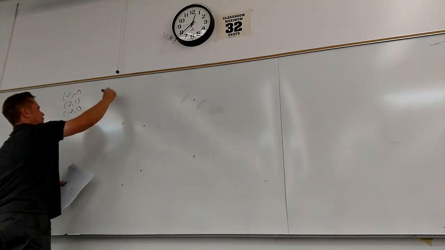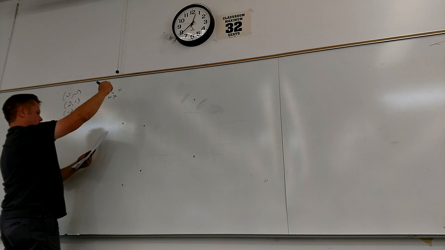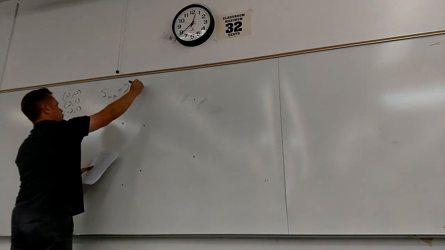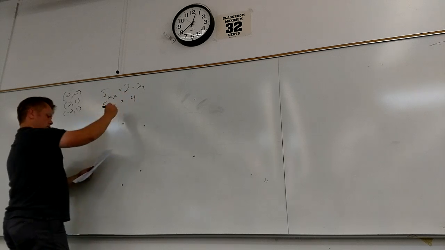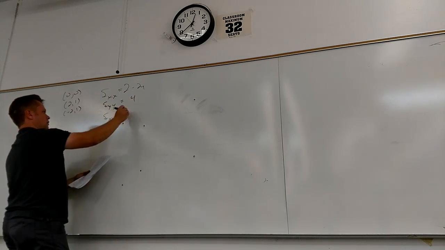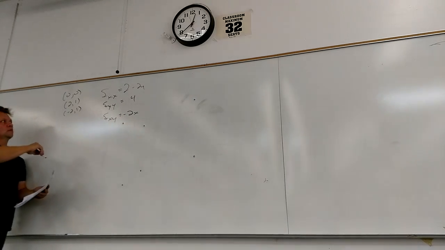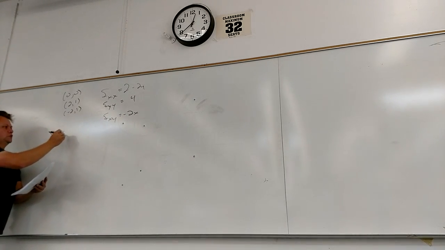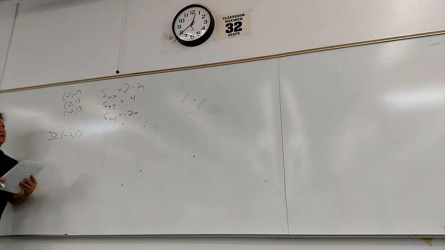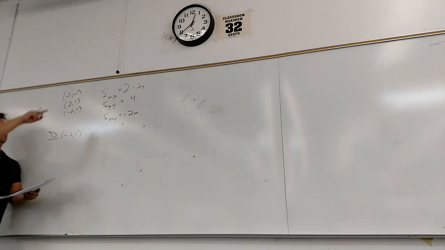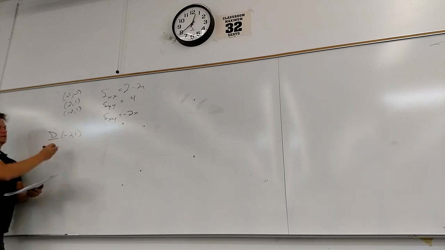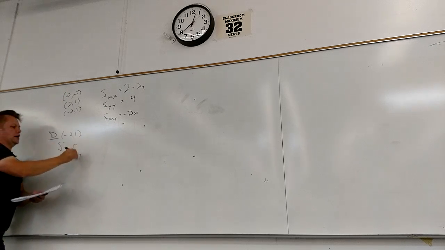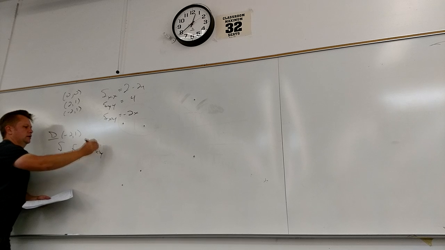And fxx was 2 minus 2y, fyy 4. So if you do this one, what do you get? You plug a negative 2 in for y in fxx, so it's fxx, fyy, minus fxy squared.